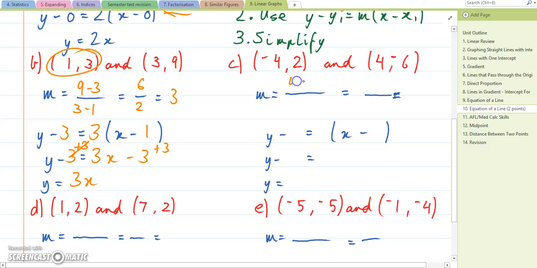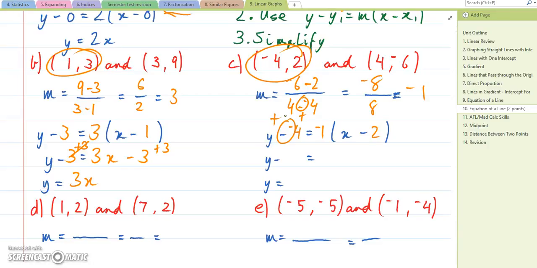I'm going to do negative 6 minus 2, and 4 minus negative 4 becomes a positive. So negative 8 over 8, which is negative 1. Subbing in our points here, so y minus negative 4, x minus 2, and negative 1 here. Just be careful with those negatives, otherwise you might accidentally make a mistake and change the sign.